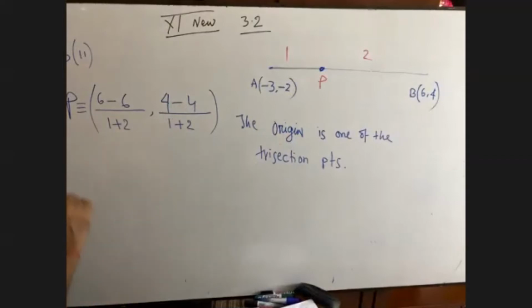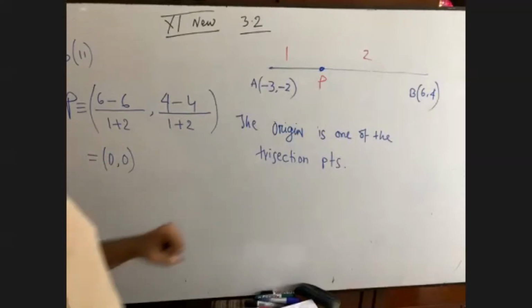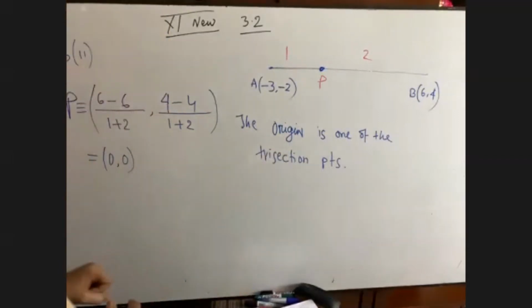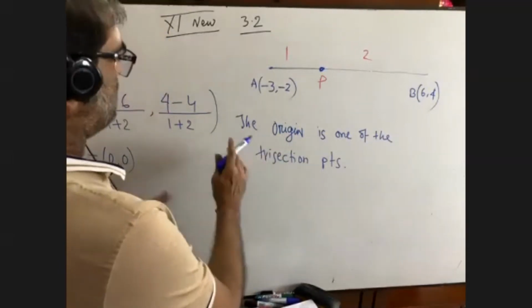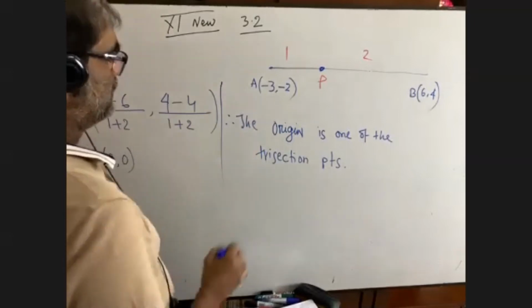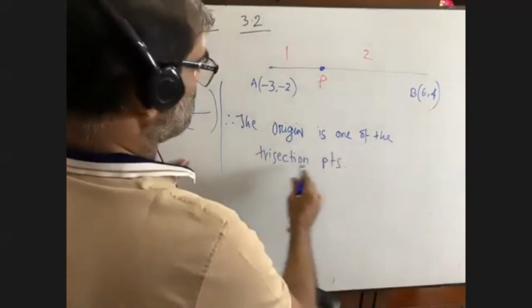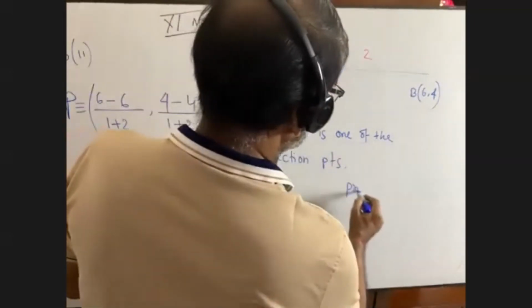So actually we have got P as (0, 0). So can we tell that yes, P is the origin as it is (0, 0), right? So we have proved that the origin is one of the trisection points. After this you write down, therefore the origin is one of the trisection points, proved.